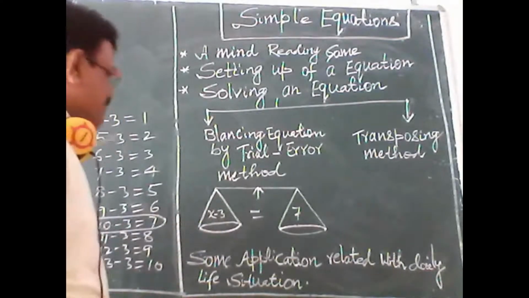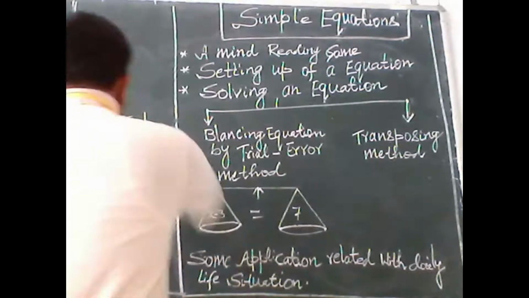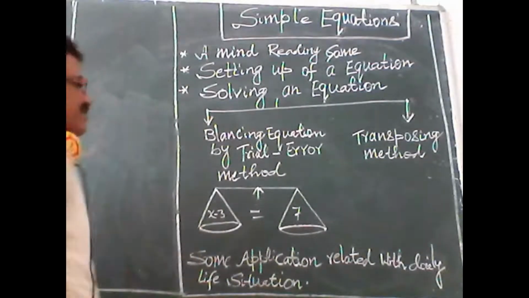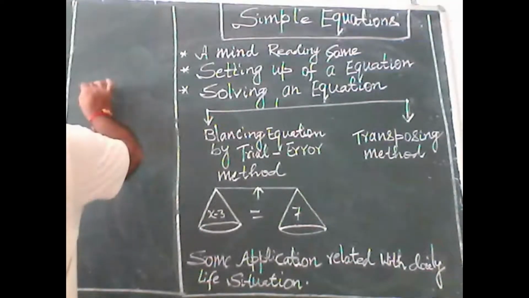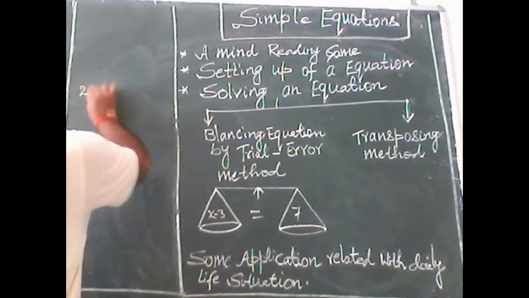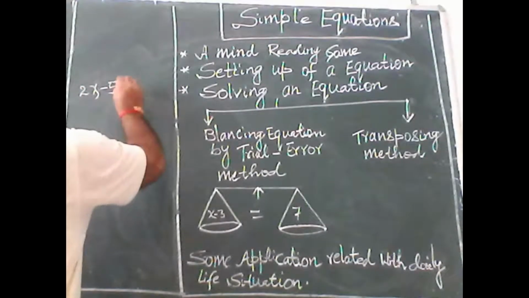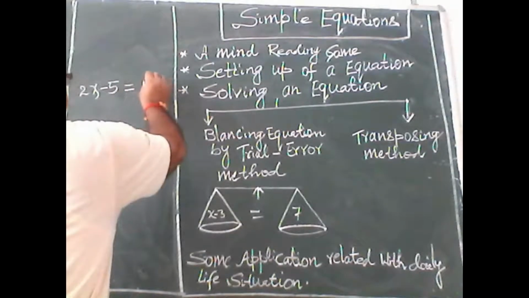Another is the transposing method, how we can obtain the solution by the transposing method. In this transposing method, suppose the equation given is 2x minus 5 is equal to, suppose, 13.